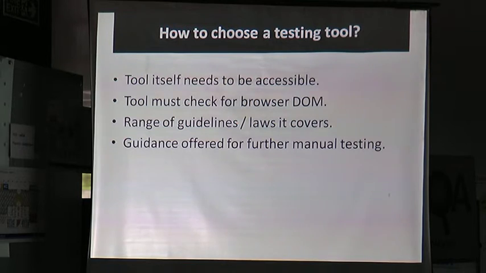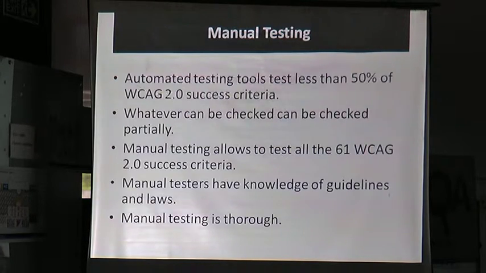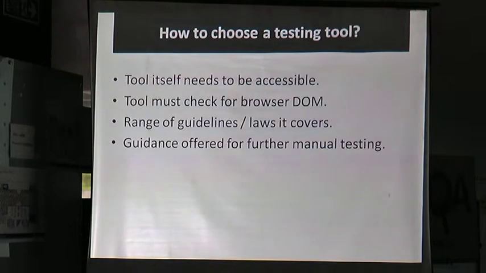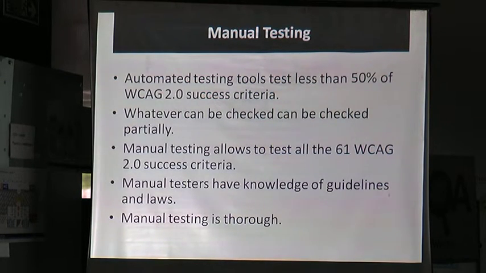Also, the range of guidelines that it covers: it should cover WCAG, Section 508, the UK Disability Discrimination Act. These things are coming up, and a lot of countries are coming up with their own set of rules. So all of those compliances should be covered by that tool.